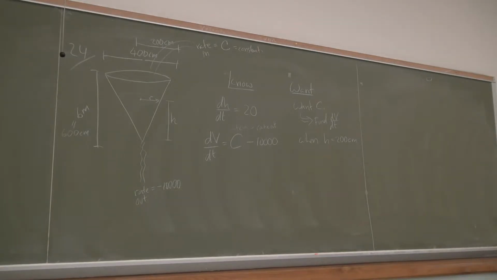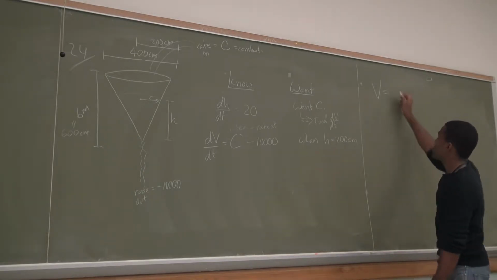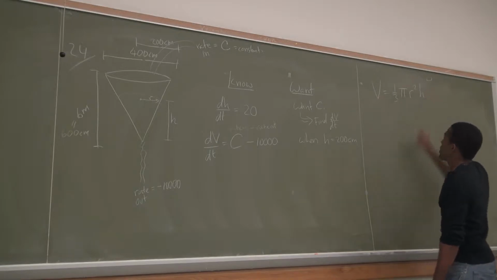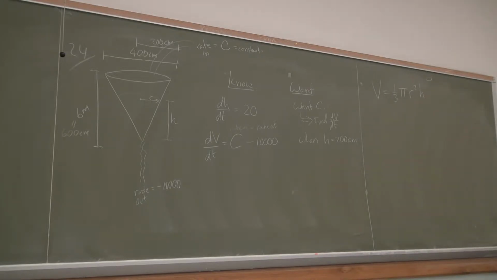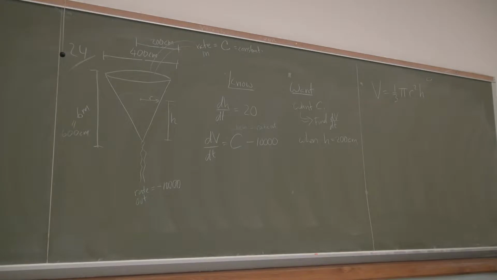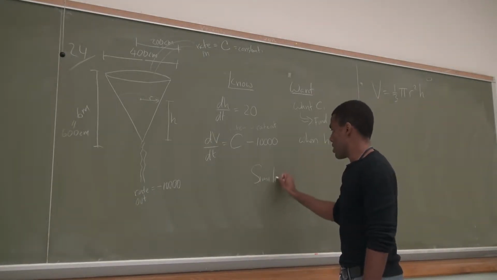Now, what's our equation going to look like? V equals 1/3 pi r squared h. What's the problem here? The r is a problem. We don't know anything about r, so we want to turn r into h. How? Similar triangles.